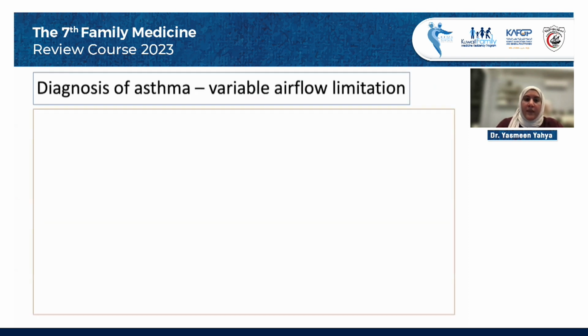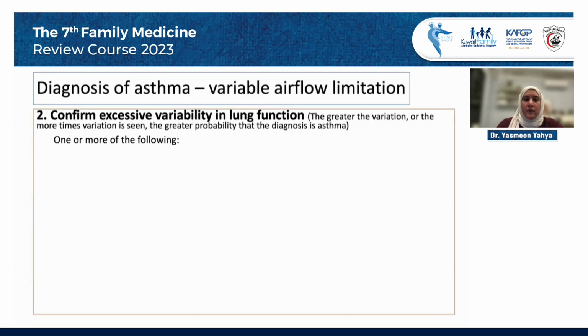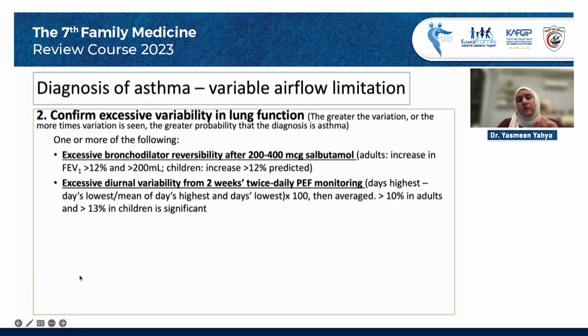And then you need to confirm that there is excessive variability in the lung function. The more the variation, the more this confirms the diagnosis of asthma. So you need one or more of the following.